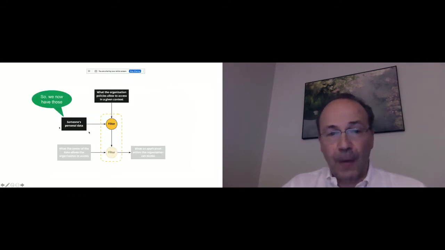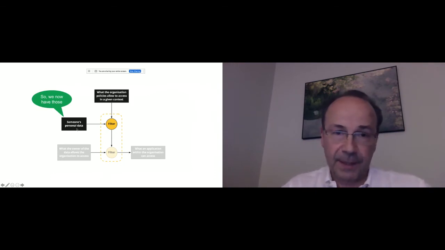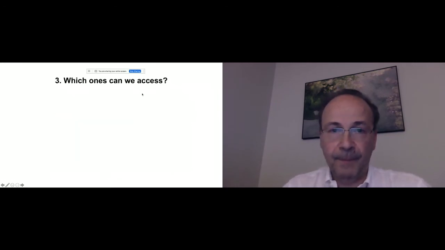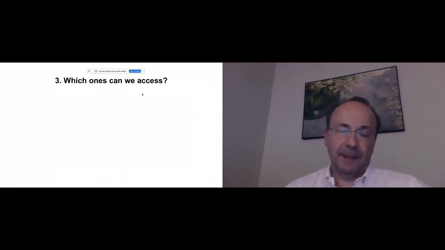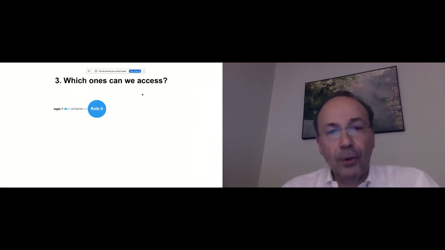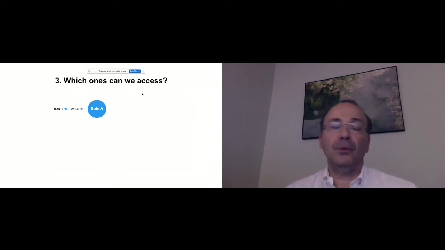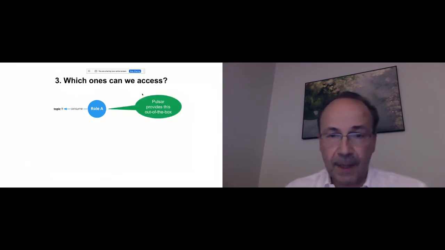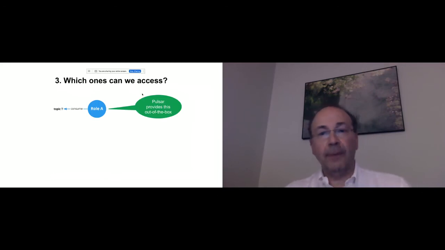So now we have those. We know what are the personal data in the message. Let's do something about that one. Which ones can we access? We already have the possibility to consume the topic. So our role says consume topic T. This we get from Pulsar out of the box.